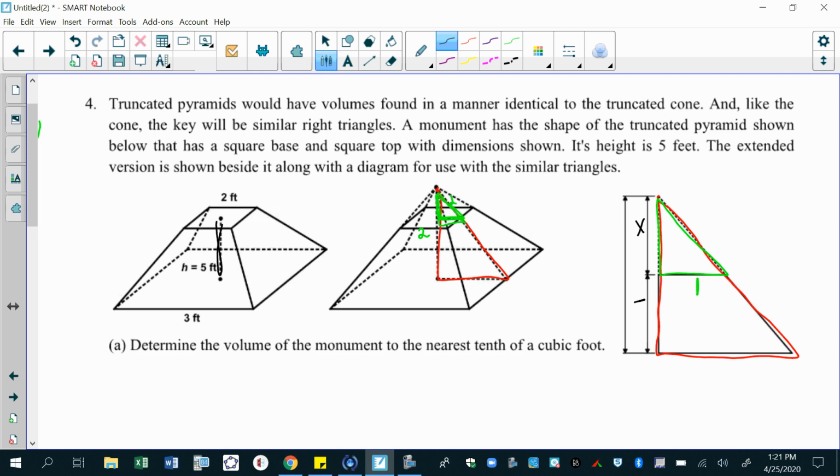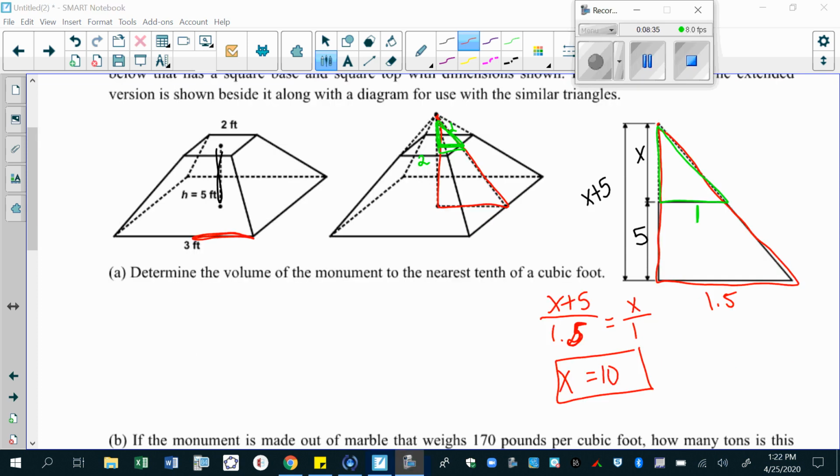This is 5, so this is going to be x plus 5. And then this other side on the red, since this is 3, this part would be 1.5 at the bottom. So from that, you should be able to pause it and set up your own proportion and solve for x. So hopefully you're able to get 10.